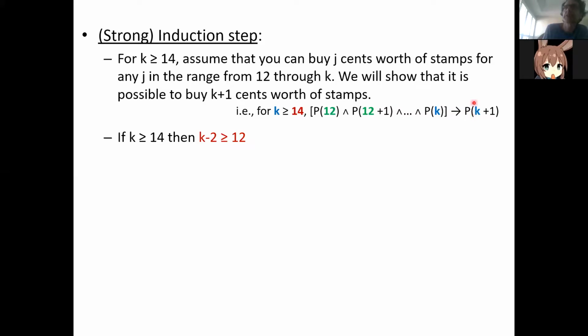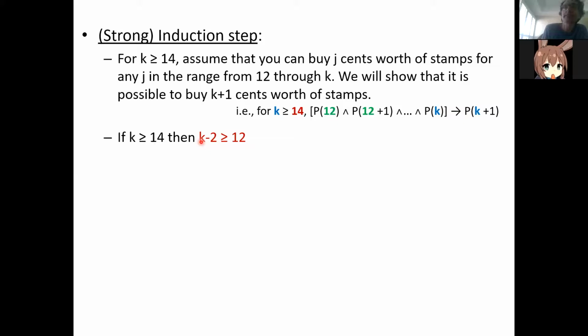Well, how about take away one 3 from here? If k minus 2 was expressible as a bunch of 3s and a bunch of 7s, then so would k plus 1, because k plus 1 is 3 plus this. So if this can be expressed as a bunch of 3s and a bunch of 7s, so can that, because I just take my bunch of 3s and a bunch of 7s and add one more 3. And I now expressed k plus 1 using a bunch of 3s and a bunch of 7s.